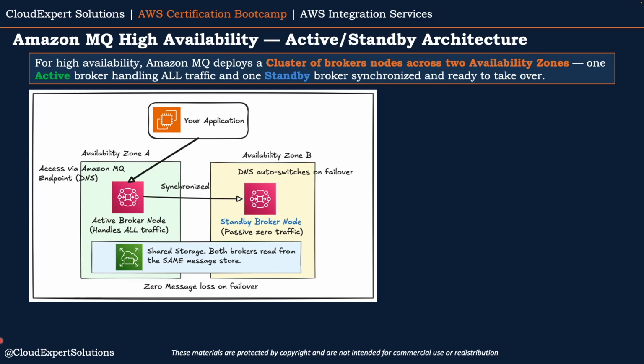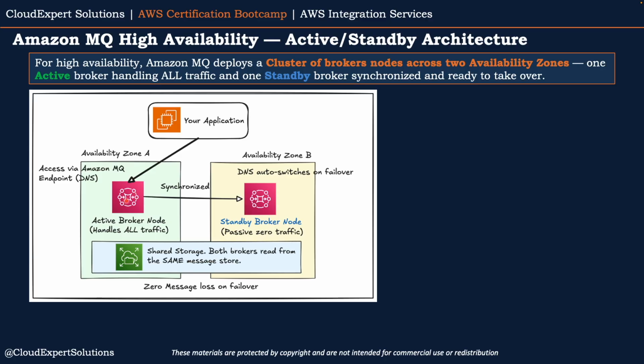Your application connects to the Amazon MQ endpoint, which is a DNS name. All traffic goes to the active broker in availability zone 1A. The standby broker in availability zone 1B stays synchronized through shared EFS storage. The application never talks to your standby instance; it only knows one DNS endpoint for the entire cluster.